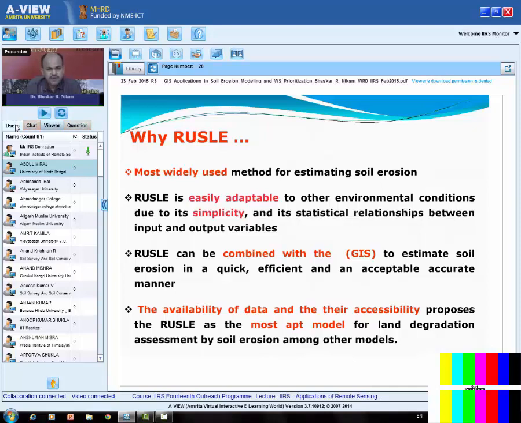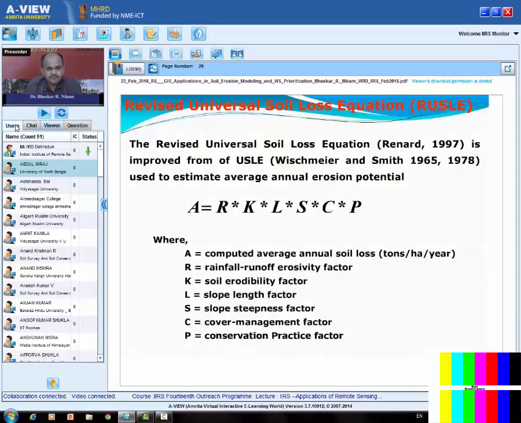So that's why it is very widely accepted. Now this is how the revised universal soil loss equation looks. It is alternately known as the RKLSCP model, where R, K, L, S, C, P all represent some process or input in soil erosion modeling, and A is your annual soil loss in tons per hectare per year.